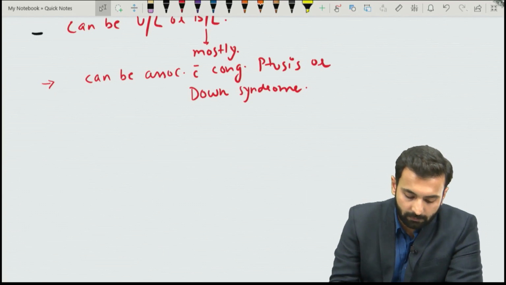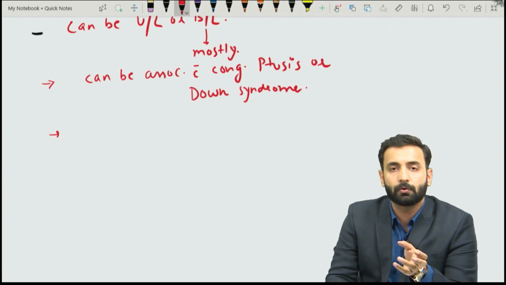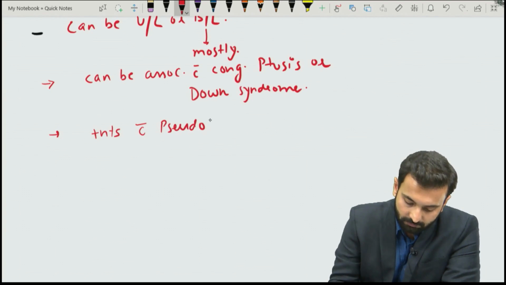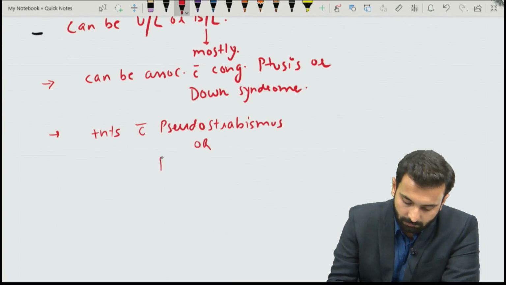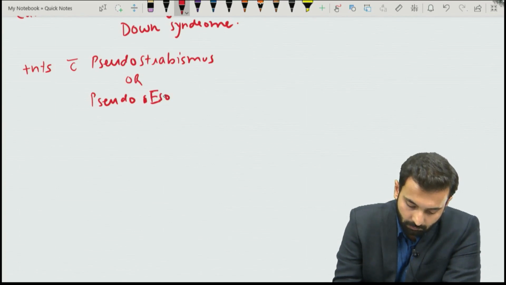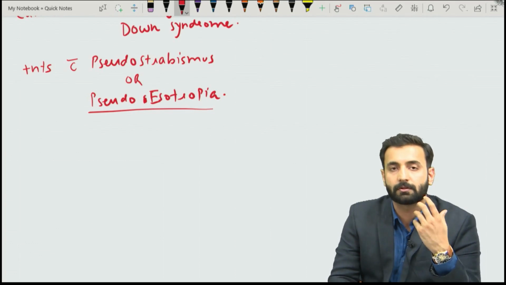Now what will be the clinical presentation of the patient? A patient with epicanthus will present to you with pseudostrabismus or pseudoesotropia, right? The patient seems to have inward deviation of the eye, which is known as pseudoesotropia.